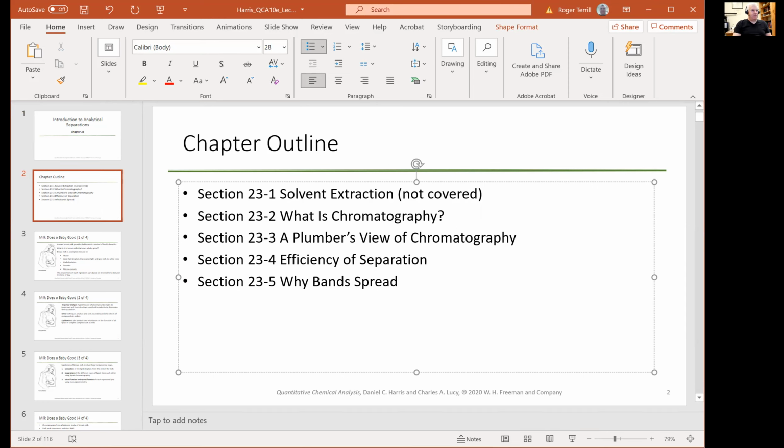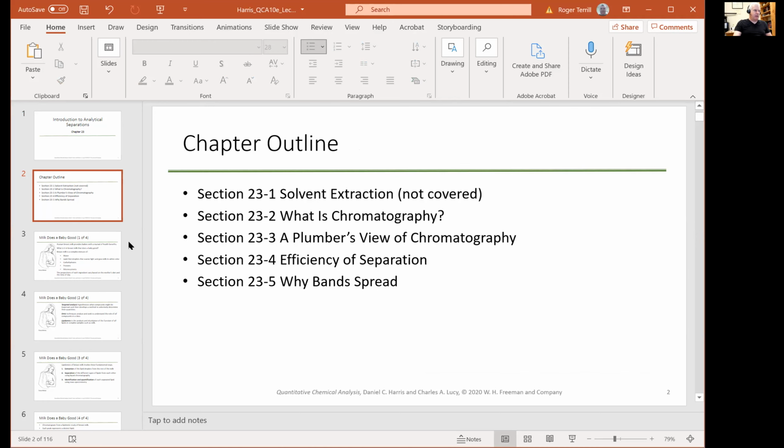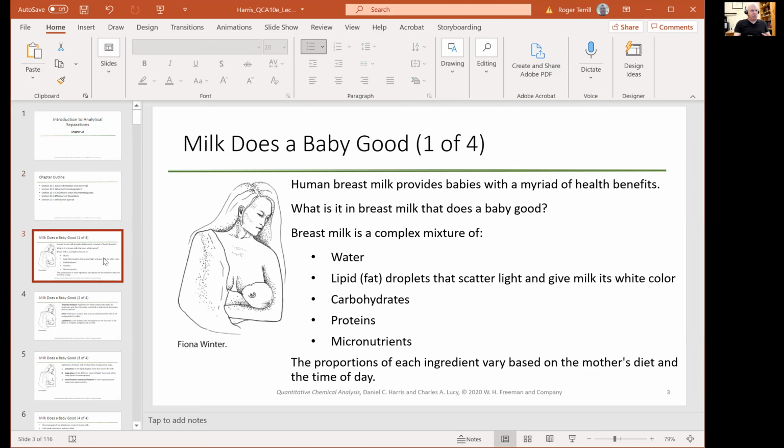And I do not want anybody to not get chromatography because we started with extraction and there was a bunch of math. So we'll go straight into chromatography, and then we'll talk about some topics in chromatography which are important. So what is chromatography?